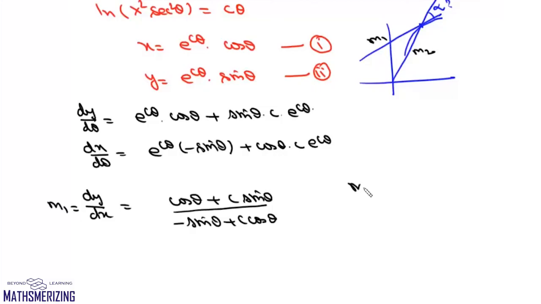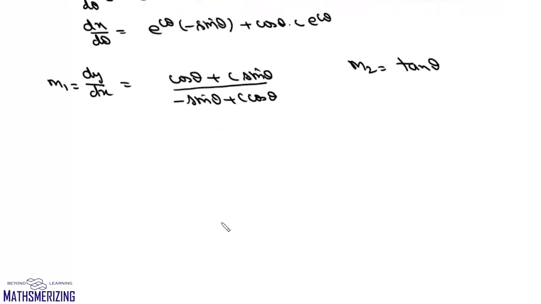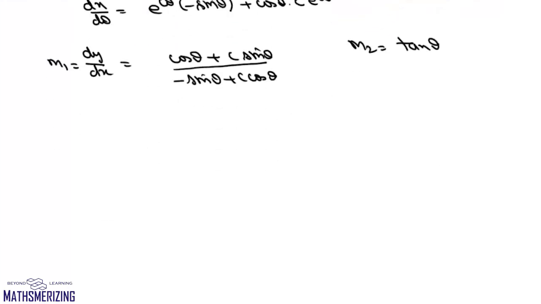Now we'll find m2, and m2 is (y minus 0) upon (x minus 0). So it will be nothing but tan theta. Now we need to prove that the angle between these two lines is independent of theta. So we'll find tan alpha. Now tan alpha is (m2 minus m1) upon (1 plus m1 m2).